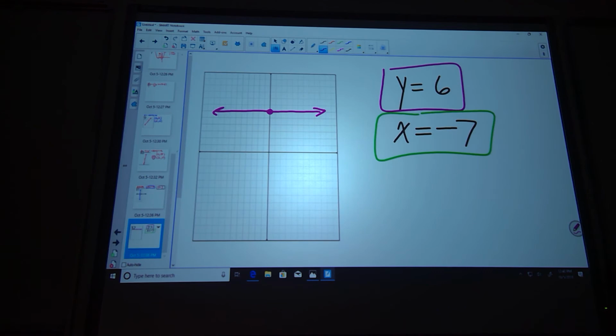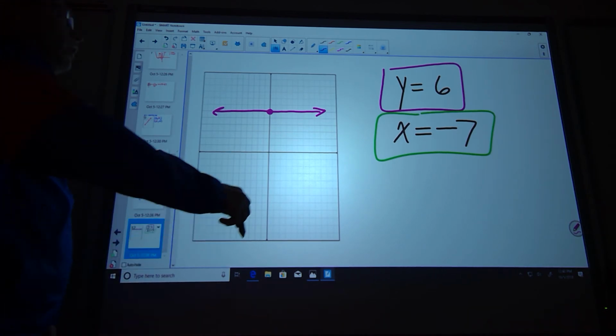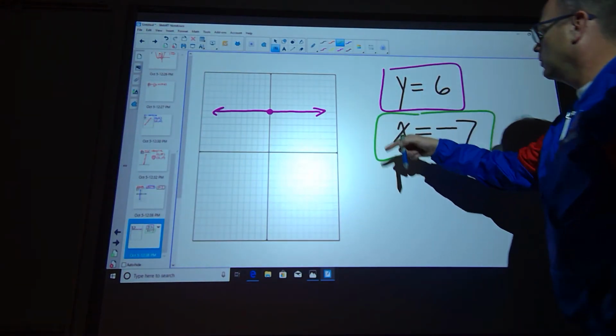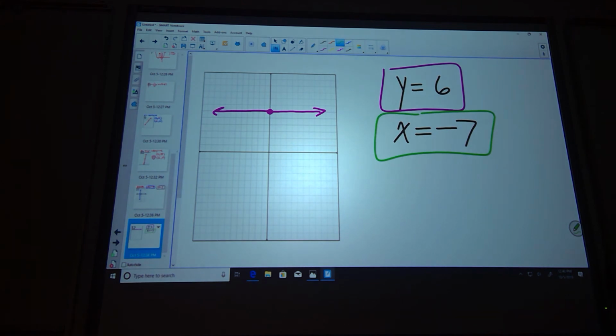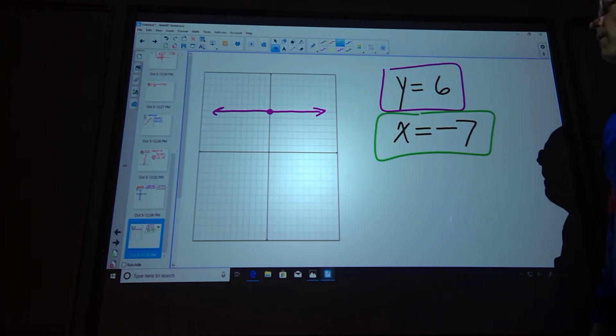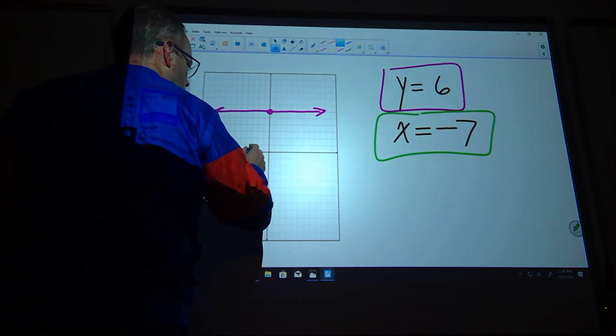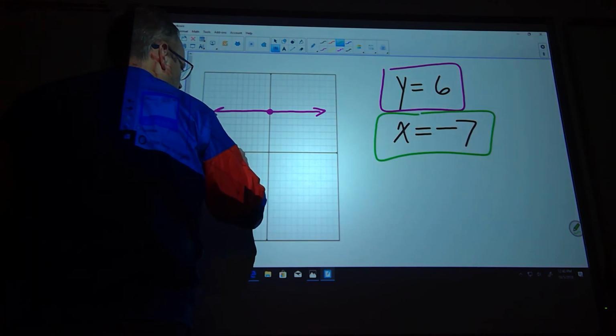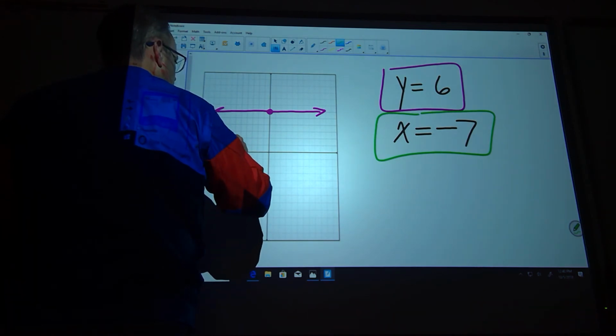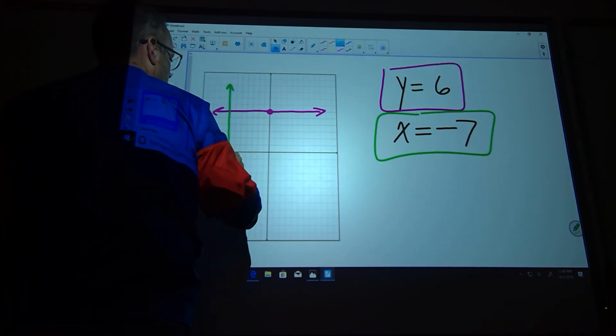Okay. All right, Aiden. What will the one masked in green look like? Vertical. Where am I going to go through? X-axis. Okay. What point? Negative 7. 1, 2, 3, 4, 7.